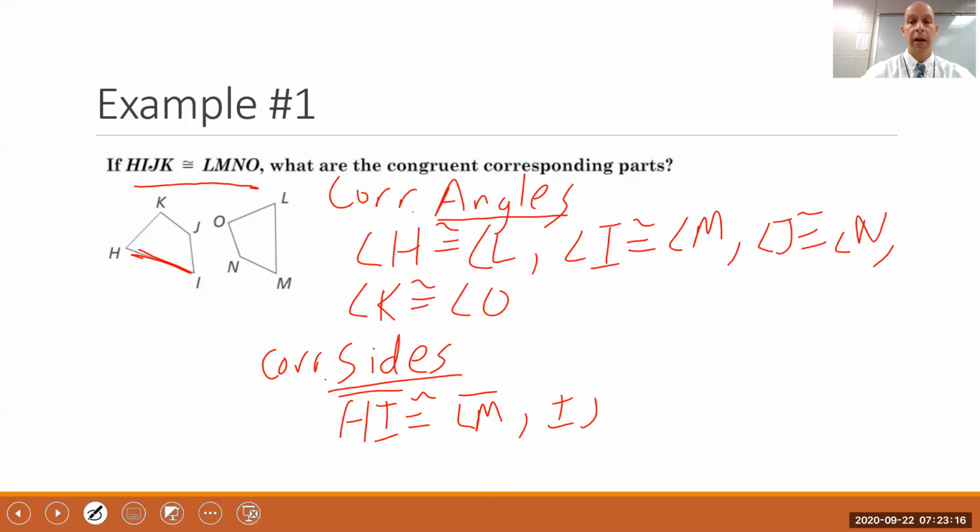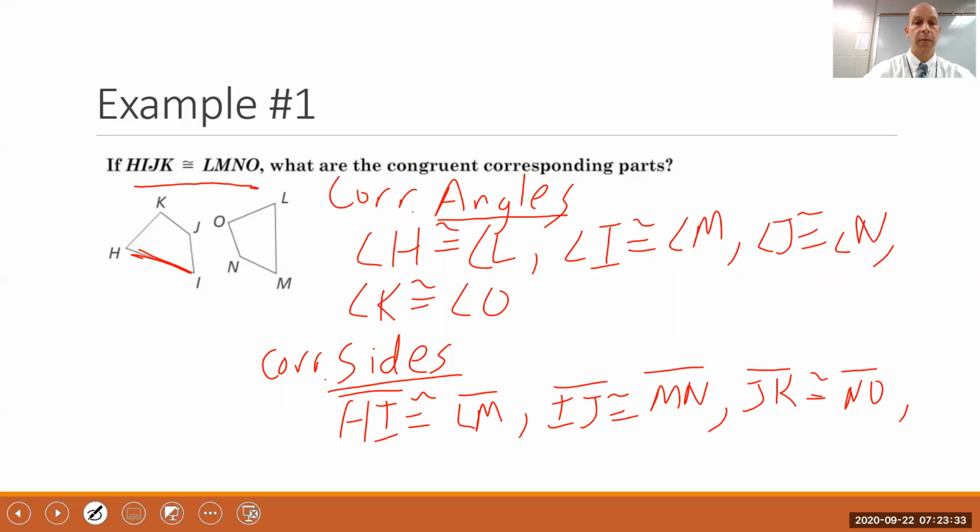Segment IJ, the second and third letters of the first, is congruent to segment MN. Segment JK is congruent to segment NO.